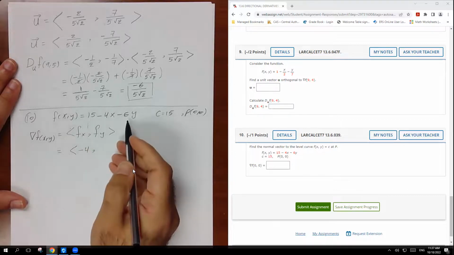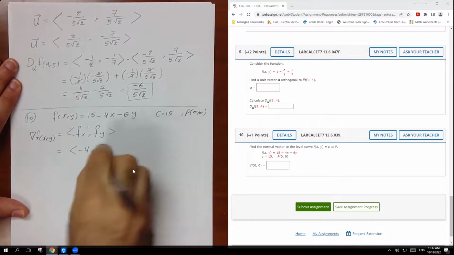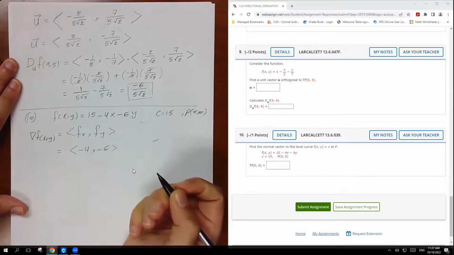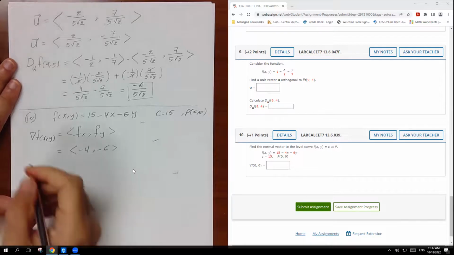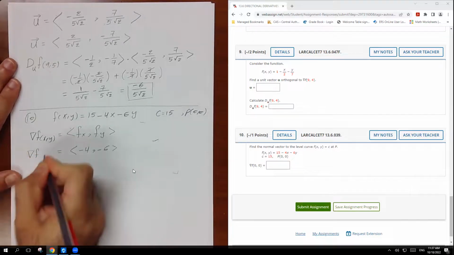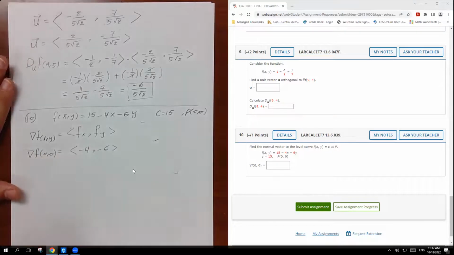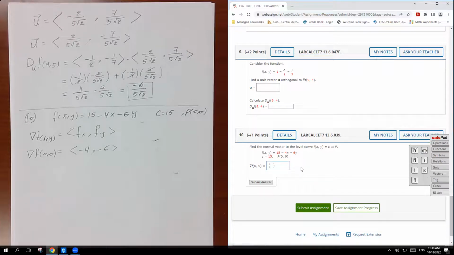And f sub y, this is going to be negative 6. Because there is no x,y to plug in, the gradient of f at the point 0, 0 is going to be negative 4 and negative 6. That's what they ask us. As a vector, we're just going to say negative 4, comma, negative 6.